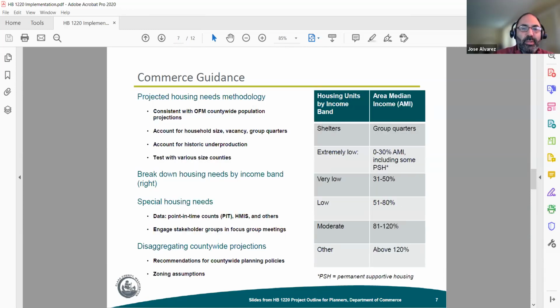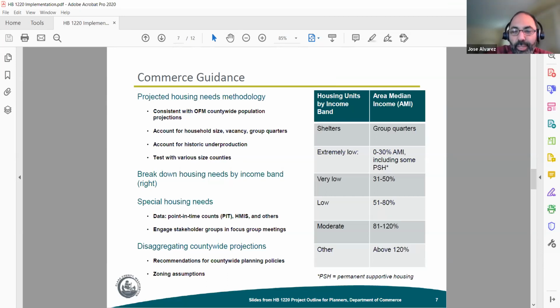One of the big things with this guidance is looking at these population projections that we get from OFM and trying to convert that into housing needs at these different income bands that are on the right-hand side of the screen. They range from shelters, extremely low income, very low, moderate, and above 120.